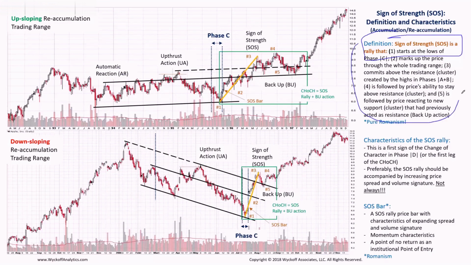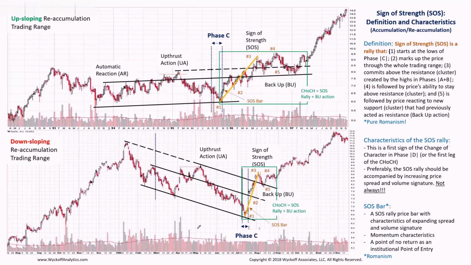So this I definitely want you to remember, because I will be asking you many times, what is the definition of the sign of strength? What is the definition of the upthrust? And you should remember this by heart. All right. What else? So a big difference between a sign of strength rally and a sign of strength bar.